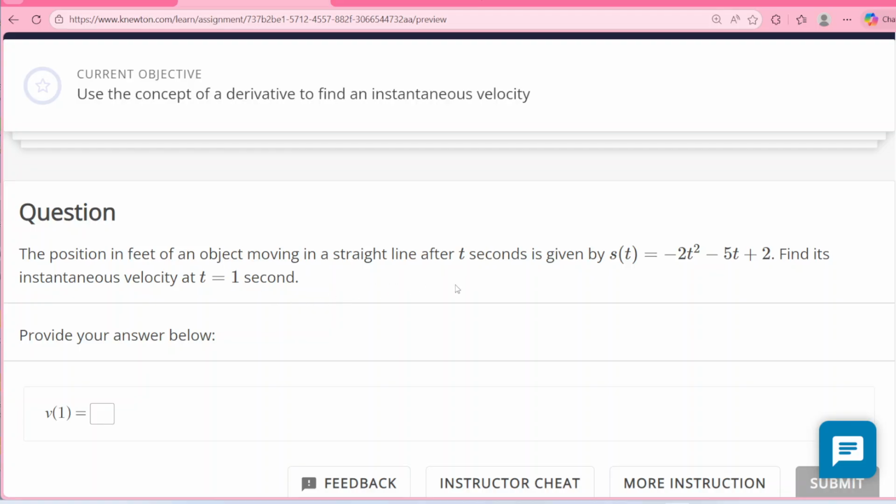So this is 1 second. So this is no different than if I had f of x equals negative 2x squared minus 5x plus 2, and I said find the slope of the tangent line at x equals 1. This is no different. It's just going to have some units involved, feet and seconds, or feet per second when I calculate velocity.